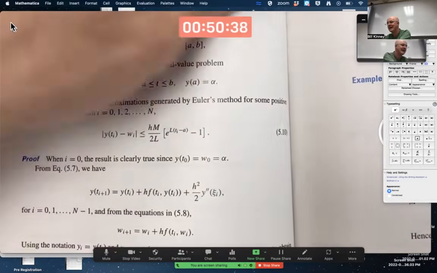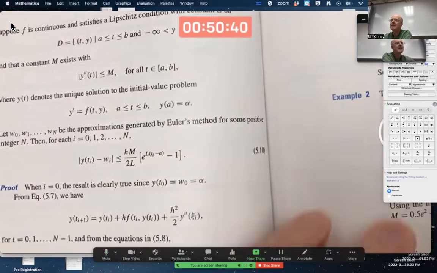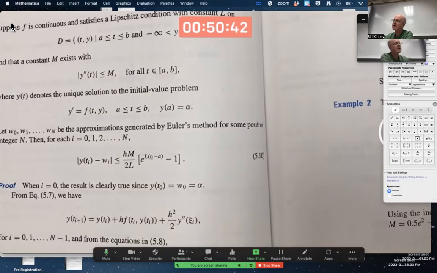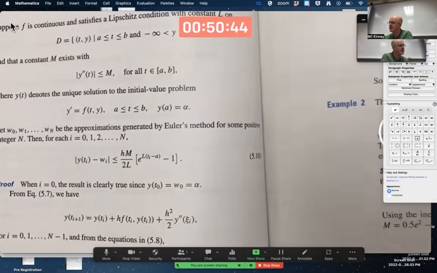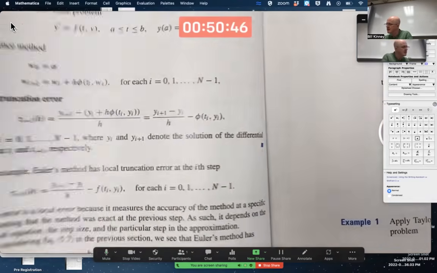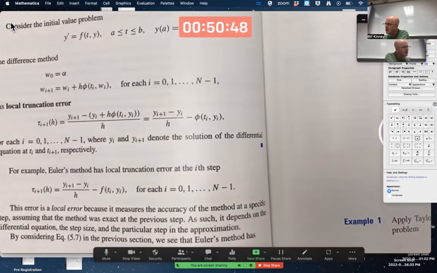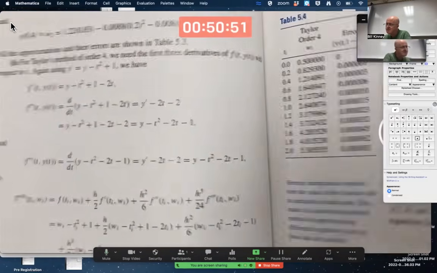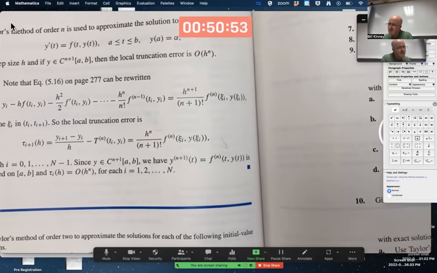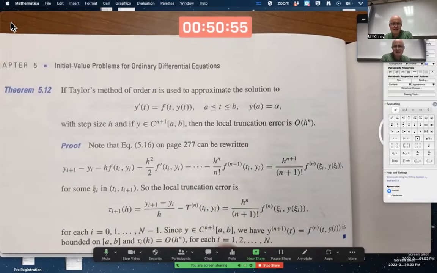There's not an error bound theorem given in the book for the Taylor method. Oh, no, wait, excuse me, there was. Yeah, effectively it's this.